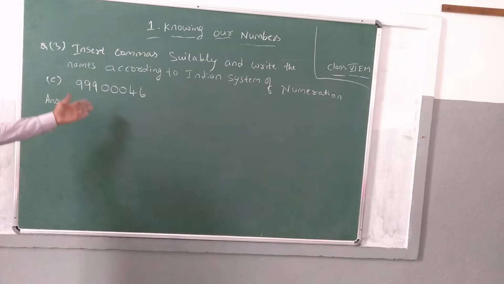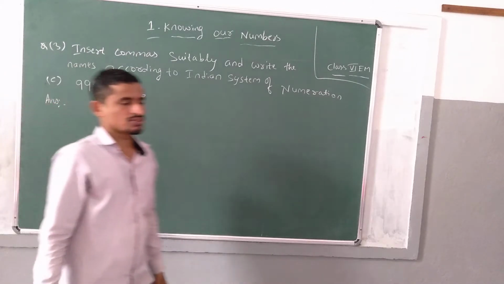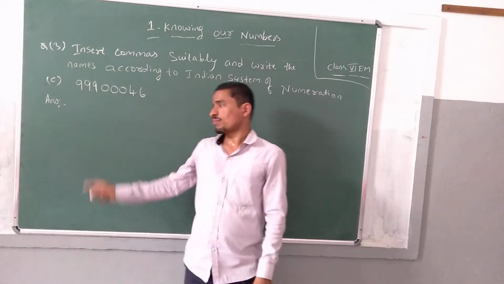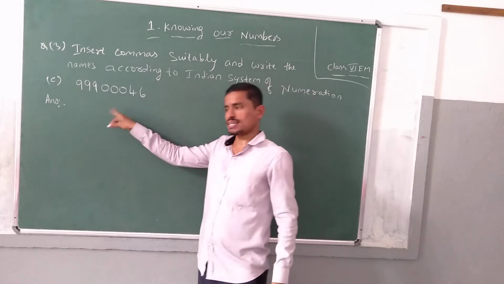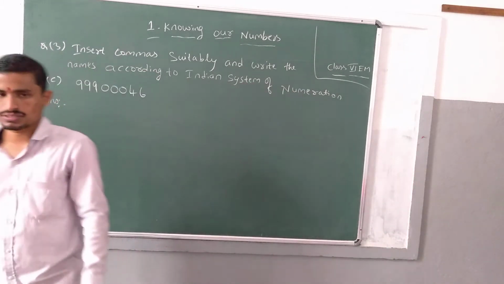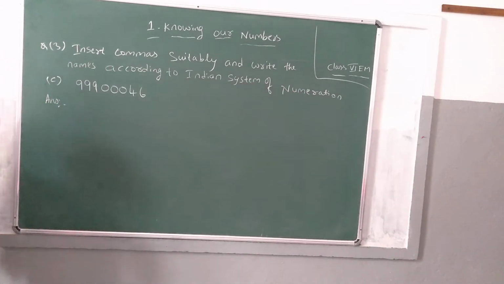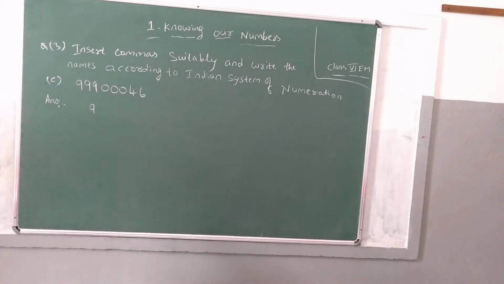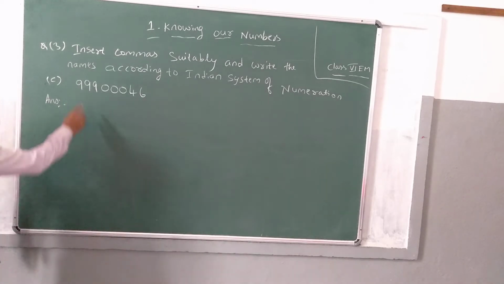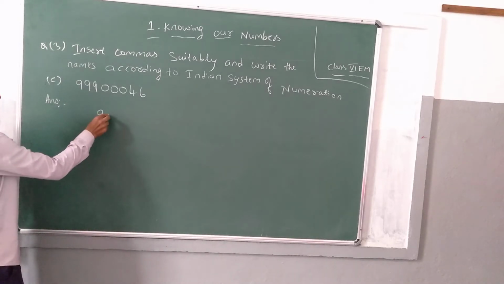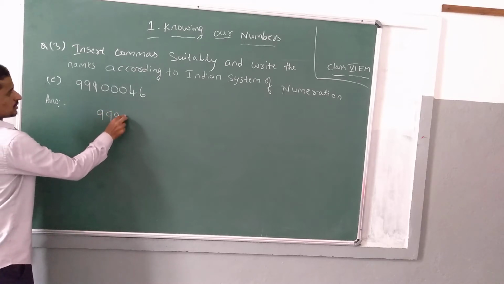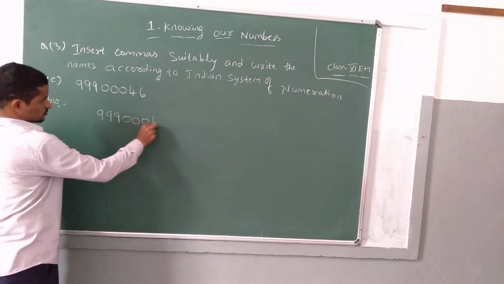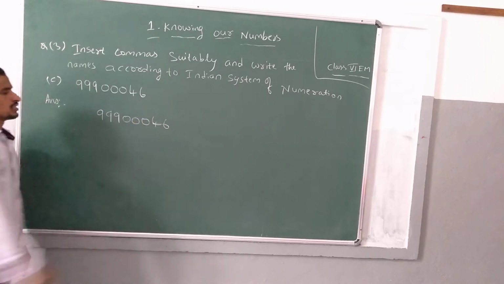So this is the given number. First you have to write the commas, then after that write the names. Okay, very simple. So write this once again, so that it is easy to write in names. 9990046.